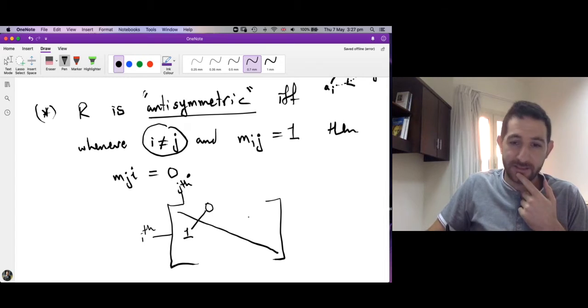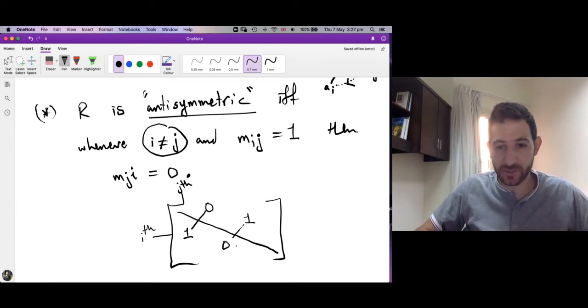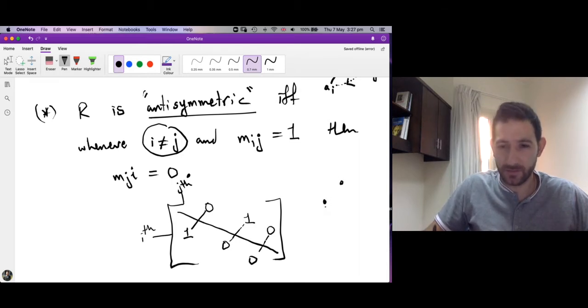Similarly, if we have 1 here, then its mirror image should be 0. And there's no problem with having 0 and its mirror image is 0, because this case means that we have 2 elements and nobody is related to anybody. It's not a problem.